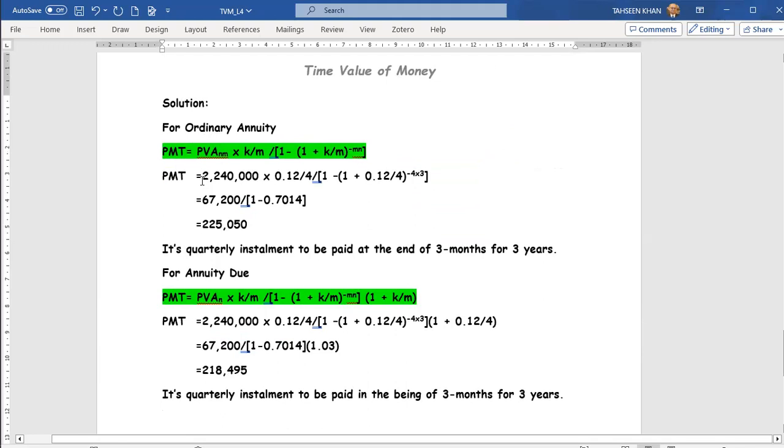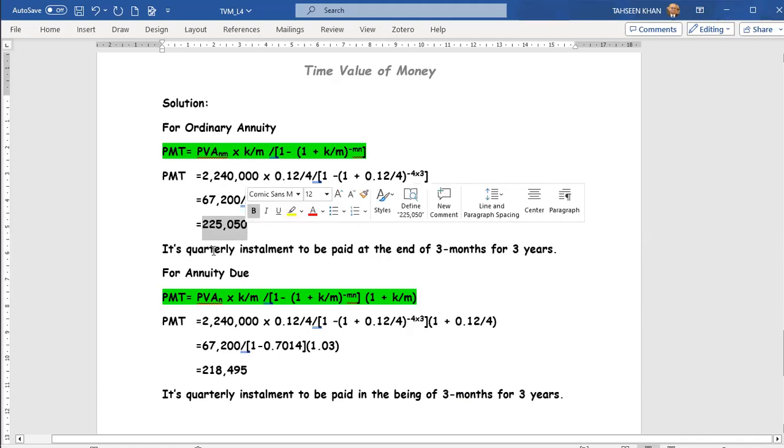Here we are going to put the values. The difference is that here you will divide K by 4 and you will multiply N by 4. So the value comes to 2,25,050 rupees. So it's the quarterly installment to be paid at the end of 3 months for 3 years.